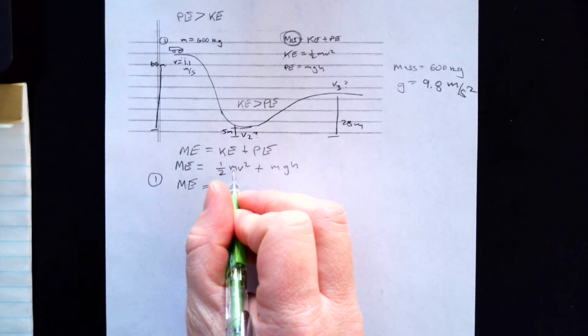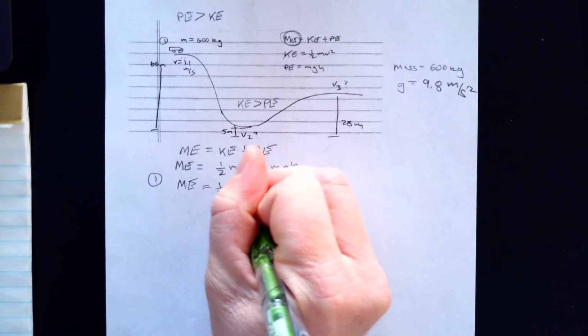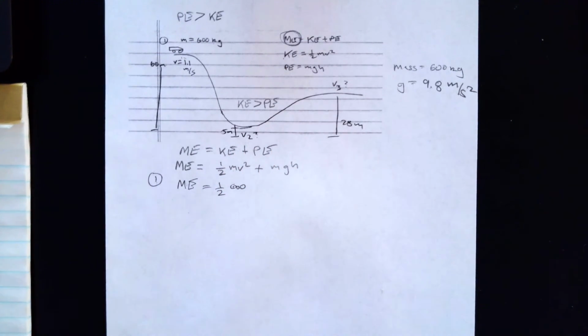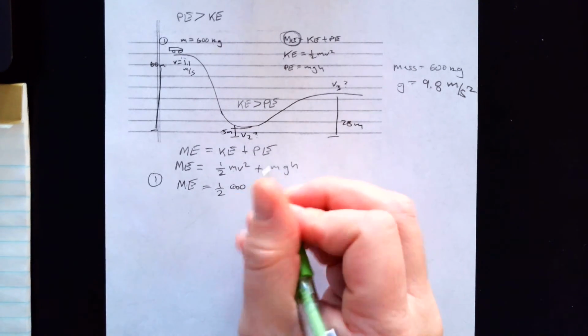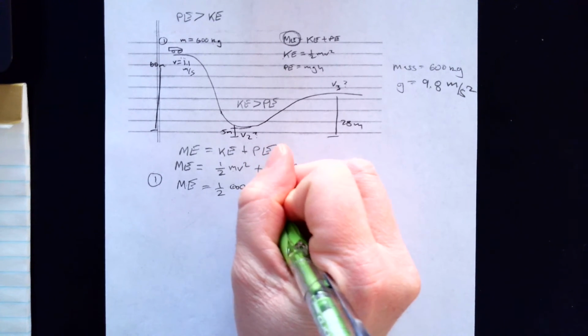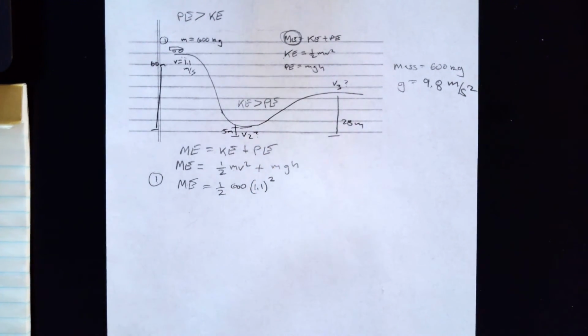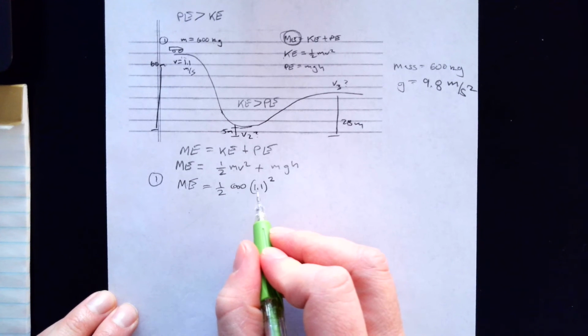What is the mass of the roller coaster? Good, 600. What is the velocity? The velocity I know to be right here, 1.1. I put that in there. Don't forget, it needs a square. So mechanical energy equals 1/2 times 600 times 1.1 squared.